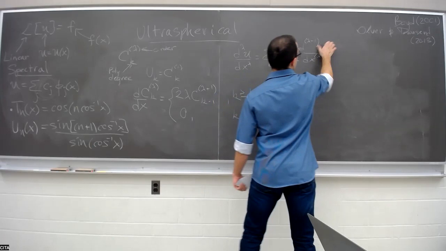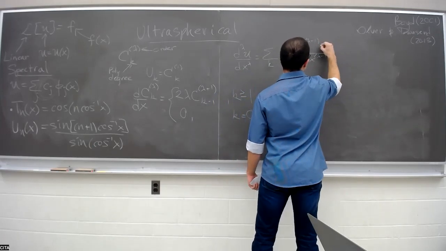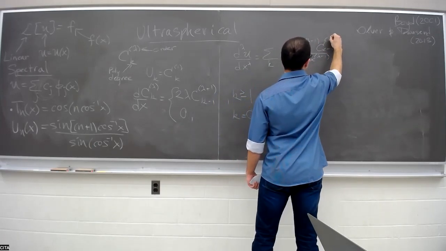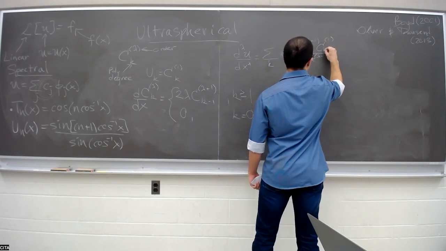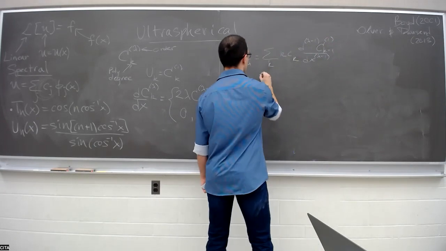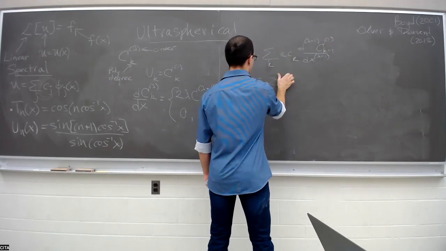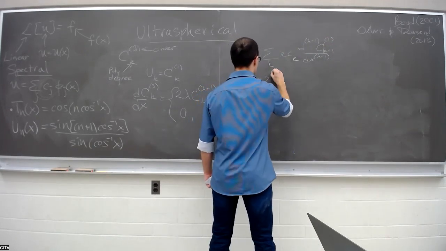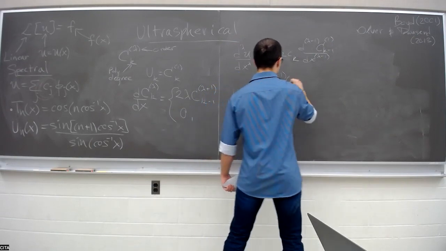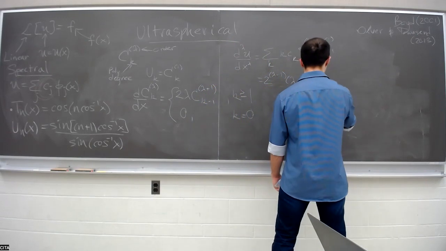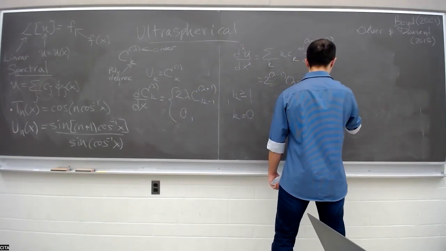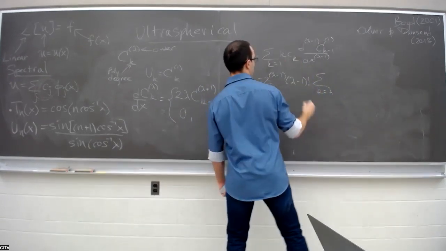But then, because these Chebyshev polynomials of the second kind are actually the first instances of the Gegenbauer polynomials, we can write this as another summation. And this, sorry, this doesn't start at one.